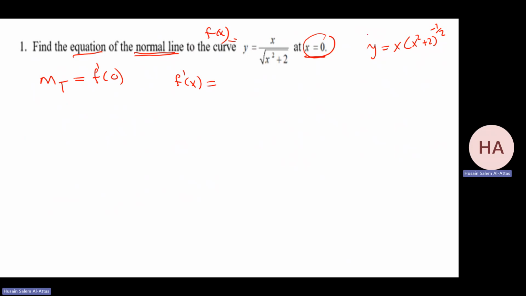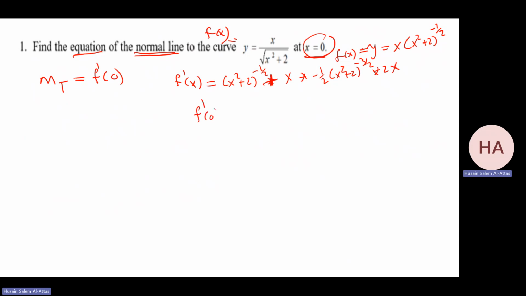So f prime will be what? This is f of x. F prime will be derivative of x, which is 1, times x squared plus 2 to the power minus half, plus x times minus half x squared plus 2 to the power minus 3/2 times 2x.